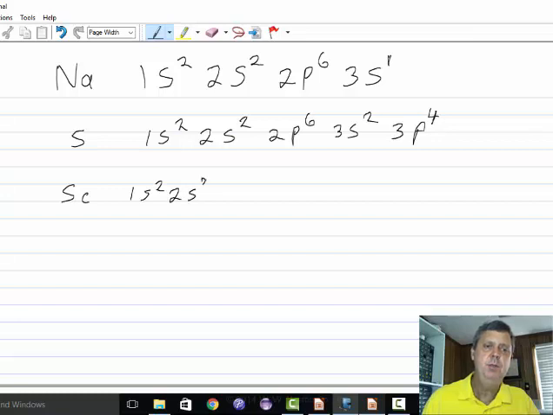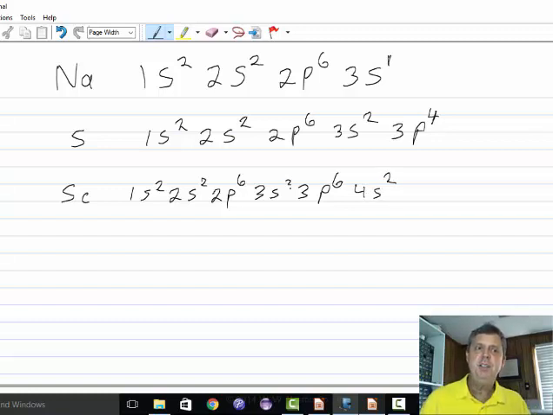Have to have 2s squared. We keep going across again to the 2p6, 3s squared. Now, of course, our 3p has to be fully filled, so 3p6. We start the next period. Now we're into the 4s. That's fully filled. Now we go to the d.